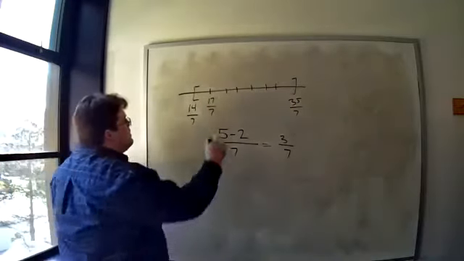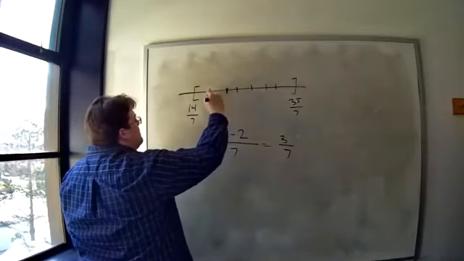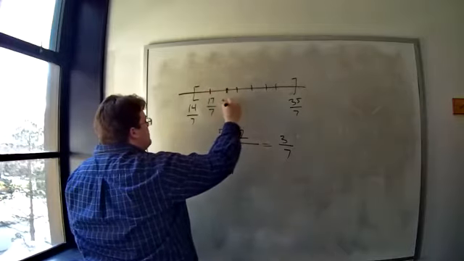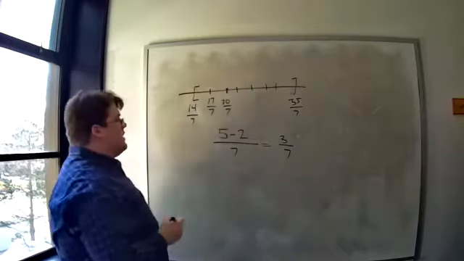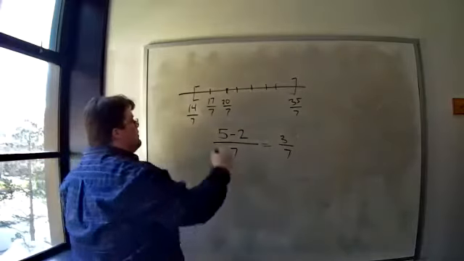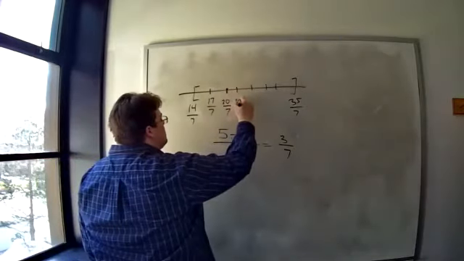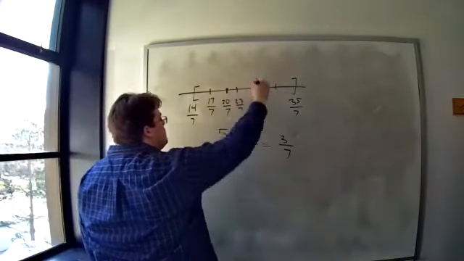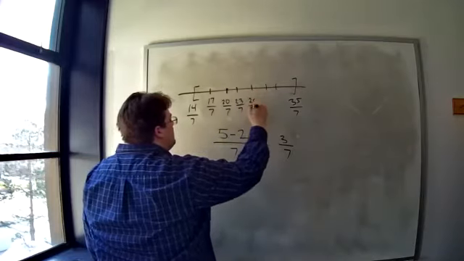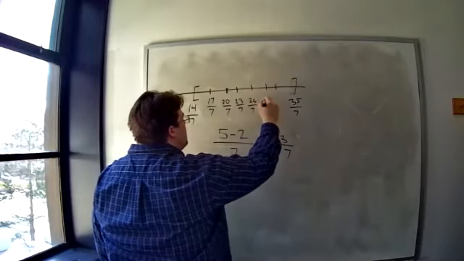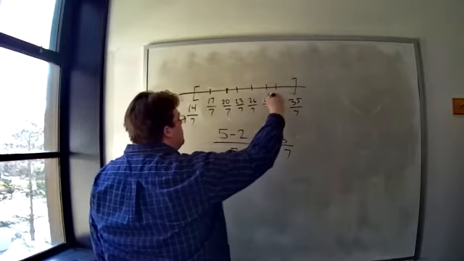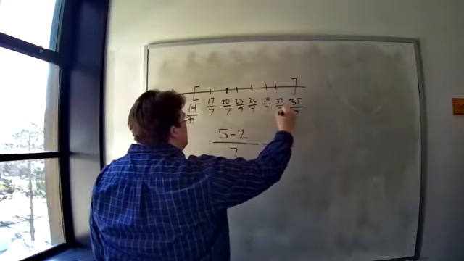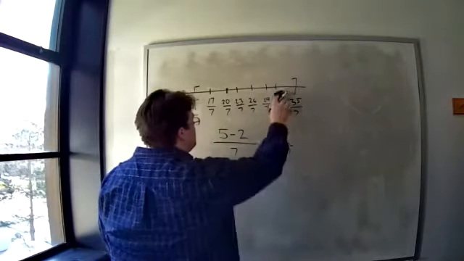Now from here, the next x value is 17/7 plus another 3/7, so 20/7. And we keep going with that pattern: 20/7 plus 3/7 is 23/7, 23/7 plus 3/7 is 26/7, 26 plus 3 is 29, 29 plus 3 is 32.